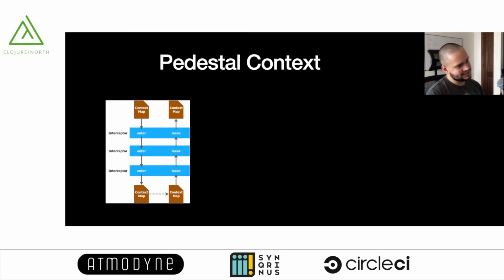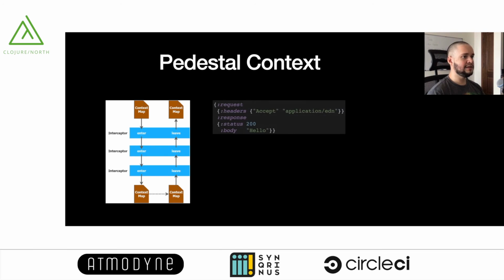And what they do is they just keep adding stuff to that same map and change it. Up to a point, it's going to call your controller, your handler for that endpoint, and then it's going to fill up the response, and then in the end return another map. And this is a very simplified version of what this map can look like in the beginning and in the end. So this is a nice pattern.